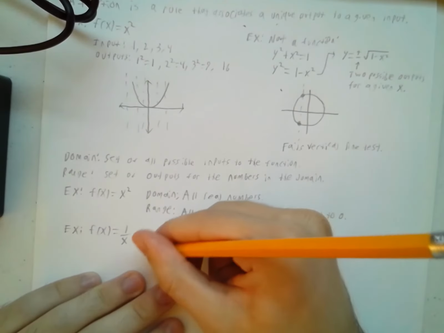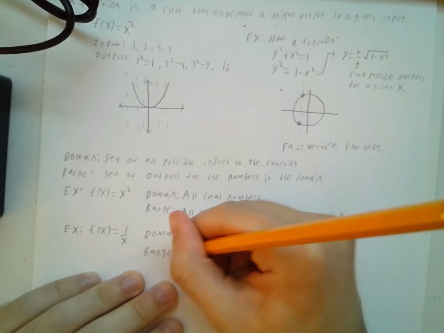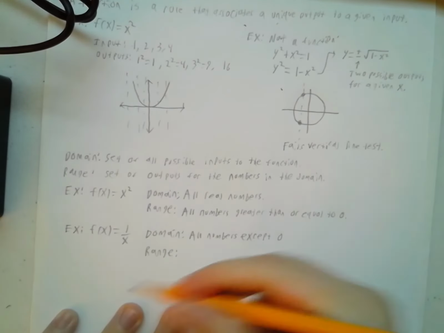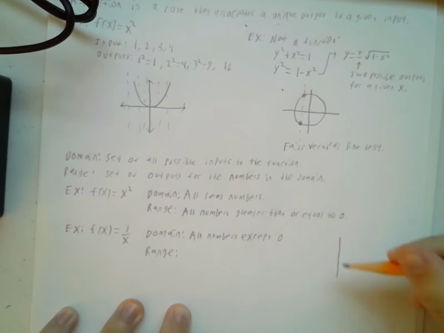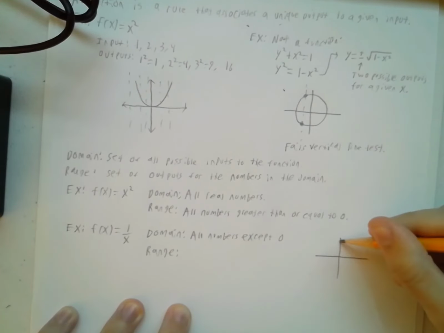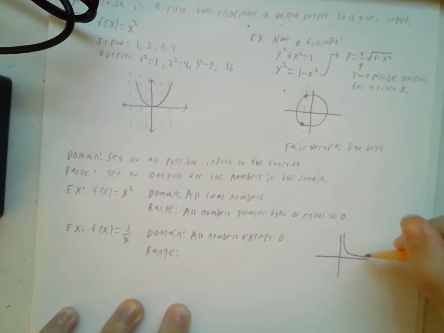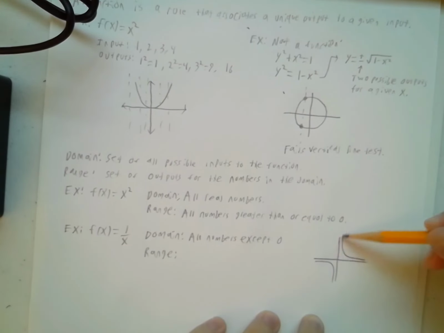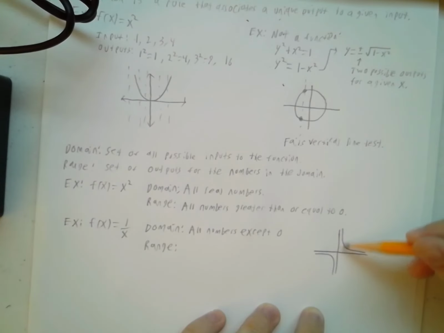And well, what about the range? Well, if we sketch a graph of this function over on the side, it looks something like this. And you'll see that if we get close to x equals 0, the function goes up towards infinity on the right side and down towards negative infinity on the left side.